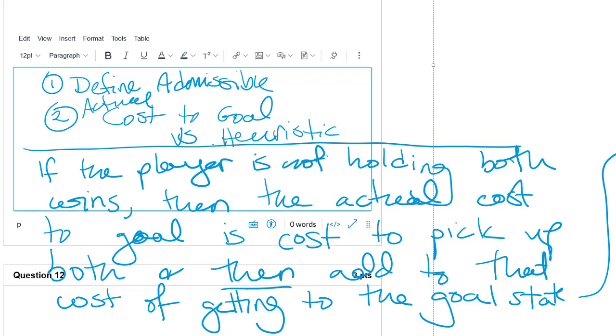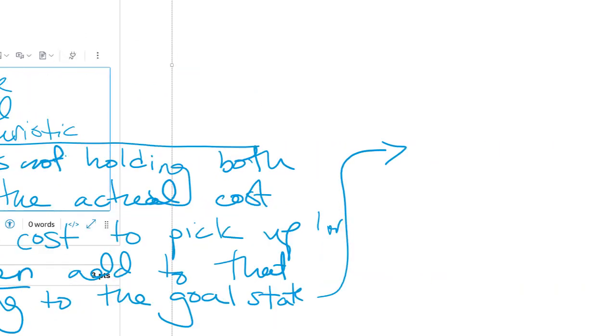If the player is not holding both coins, then the actual cost to the goal is the cost to pick up one or both coins, and then add that to the cost of getting to the goal state. So that's the actual cost.